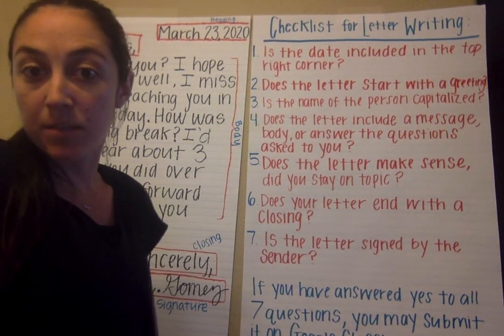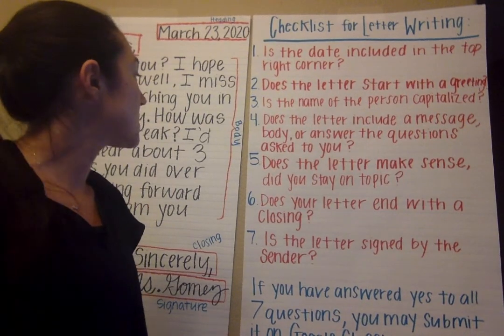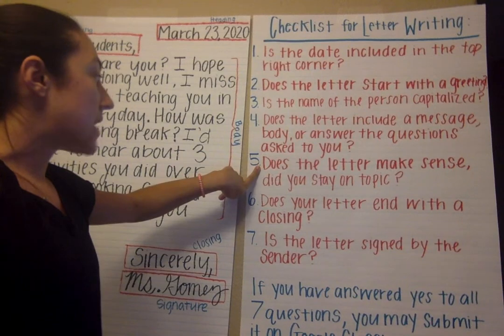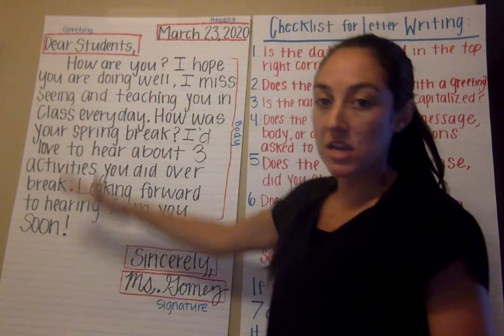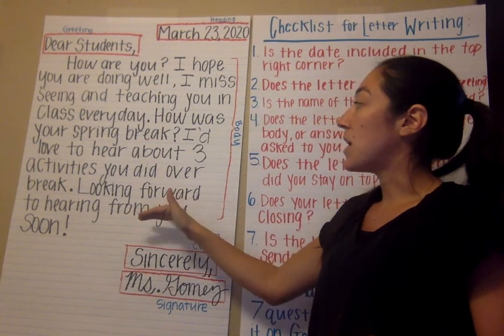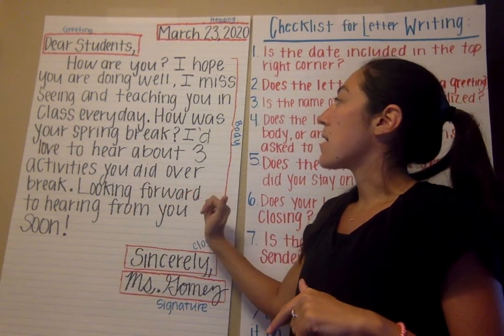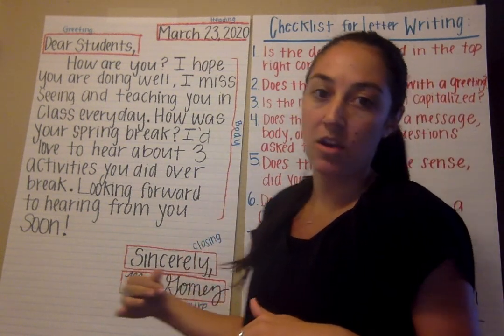Feel free to ask us about our spring break as well. We'd be happy to answer those questions. Number 5, does the letter make sense and did you stay on topic? So the topic addressed here in this letter was spring break and what you did over spring break. Please do not write back to us about what you did over winter break because that would not be staying on topic.